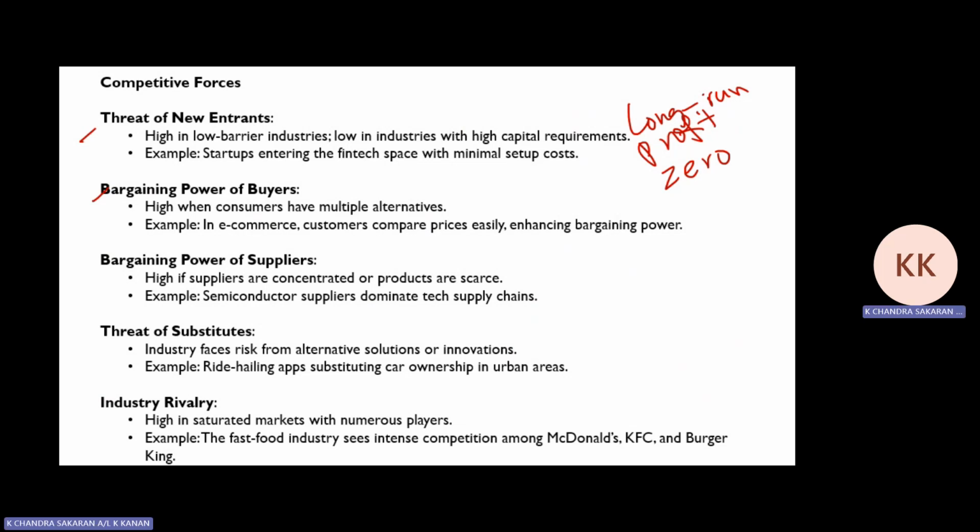In a perfect competition market, all the price is set by the market, the buyer has no power. Even in a monopoly market, sometimes the buyer has no power. So it depends on the market, whether there is bargaining power or not.